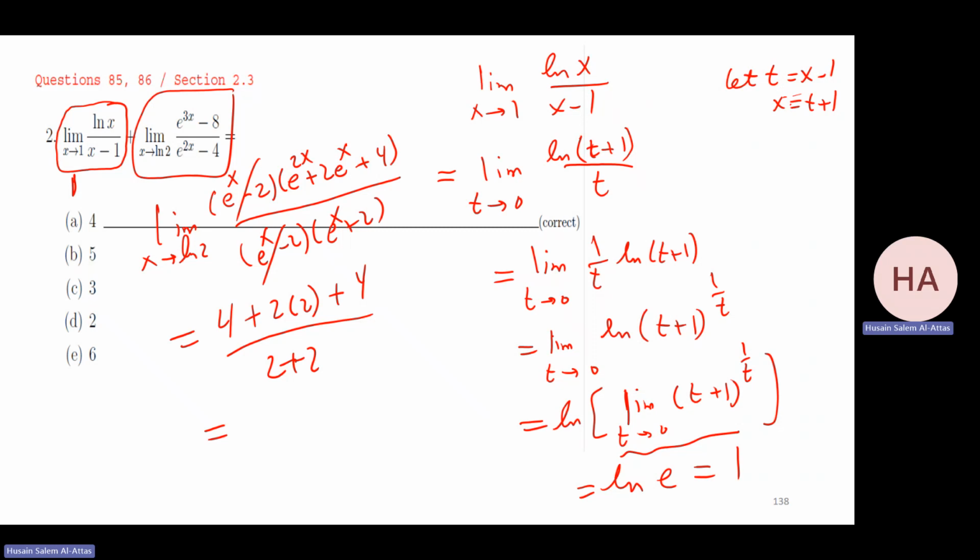That gives you 4 plus 4 plus 4, which is 12 over 4, that is 3. So this is 3. So 1 plus 3, which is 4.